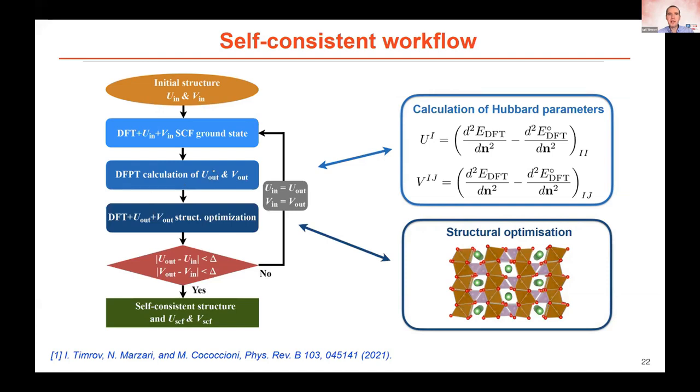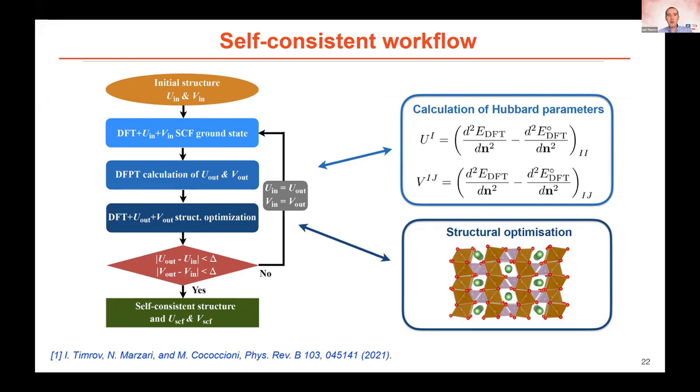So we do this loop until the U input and U output start matching, so the difference is smaller than some delta threshold. And same for the geometry. Geometry starts converging to some final geometry. So when we cycle this until Hubbard parameters and structure converge, we exit this double loop and we say we reach the full self-consistency between electronic degrees of freedom and structural degrees of freedom.